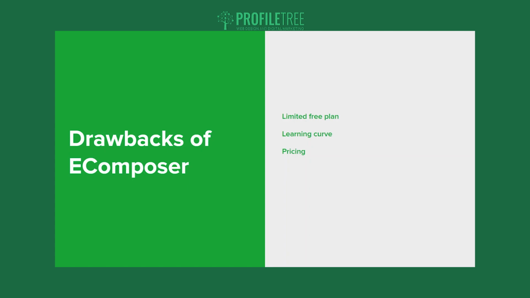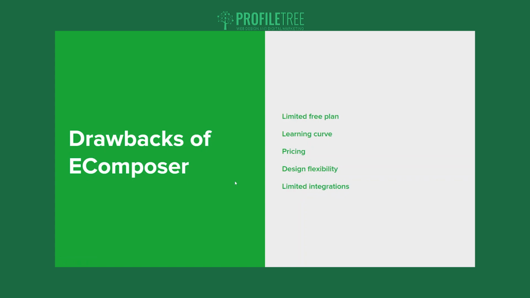And again, for pricing, for larger stores or those needing more of the premium advanced features, the higher tiers of Ecomposer can be expensive. Generally though, compared to something like Shogun or Gem Pages, it's still one of the cheaper options that we've seen. So you need to consider your budgets and your needs carefully. And again, the design flexibility: while it is flexible for page types, some users might find the design customization options slightly less customizable than alternatives that might offer, for example, CSS control.